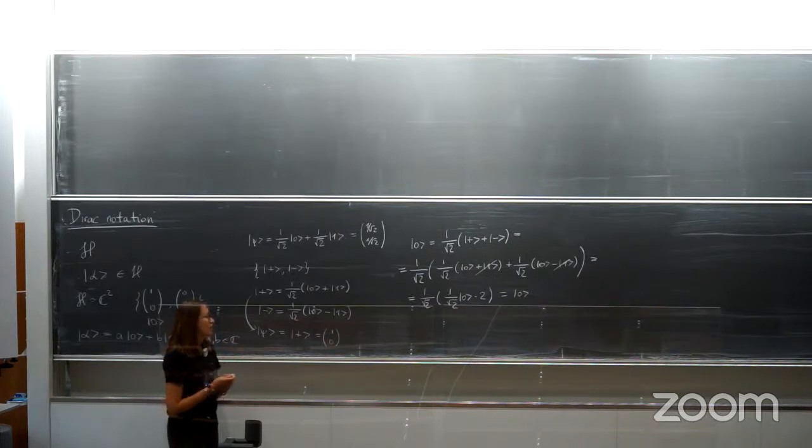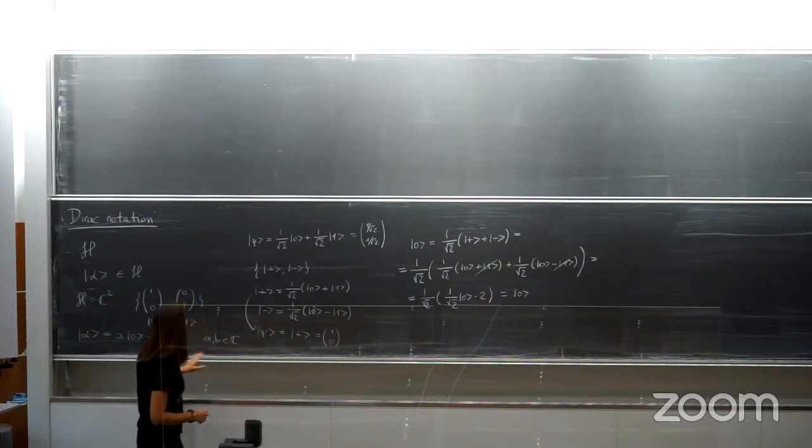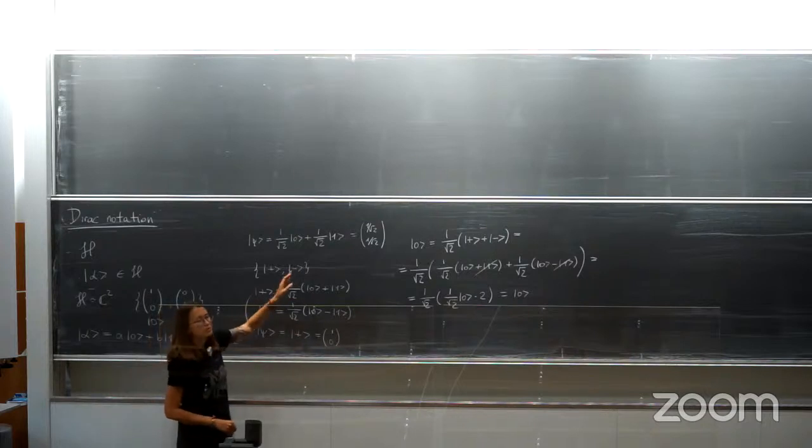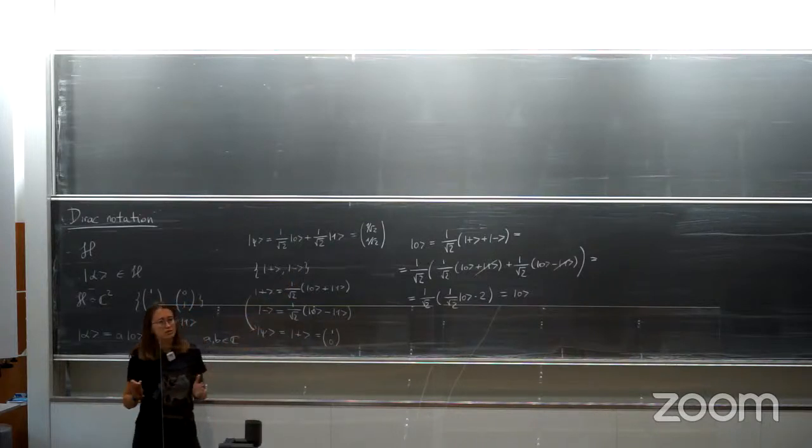In linear algebra we write the vectors as columns. Here, instead of writing the columns, we say we label this vector as 0, this vector as 1, this vector as plus, and this vector as minus. And that's it. The whole language of quantum mechanics is the language of linear algebra and vectors and transforming from one basis to the other.